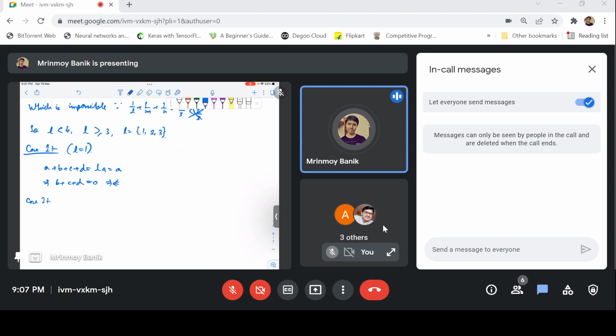Case 2, L equals 2. Here we have A plus B plus C plus D is LA equals 2A, so A equals B plus C plus D, which also violates our triangular inequality. This equality only holds for the degenerate case when the quadrilateral is actually aligned.